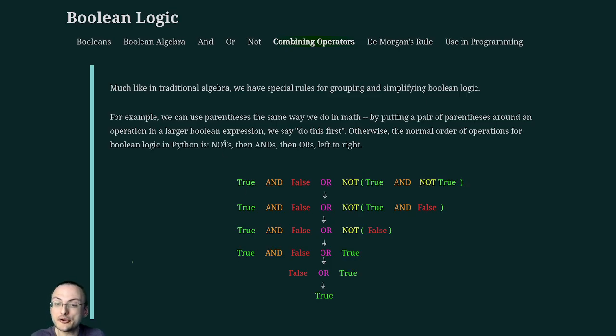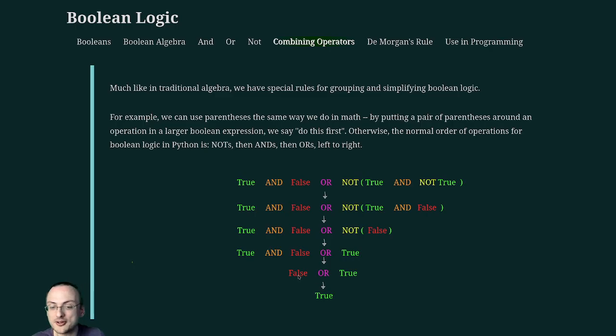And so we go back to our normal rules and start with not again in this bigger expression. And we say, okay, well, there is a not. So not false turns to true. And then we're out of nots. So let's start with ands, left to right, true and false again. So it's going to turn that side into false. Now the ands are all gone. And now we've got our ors.